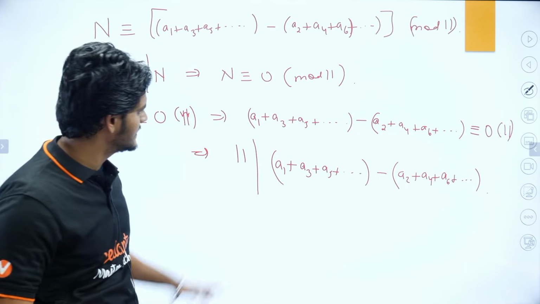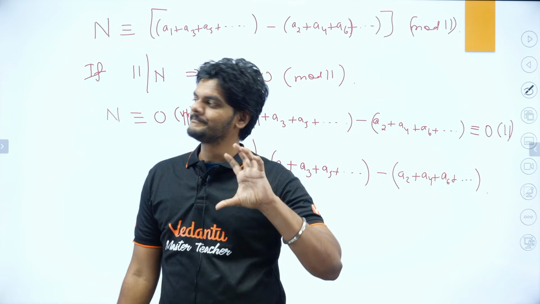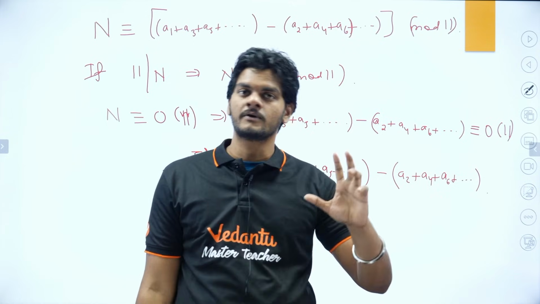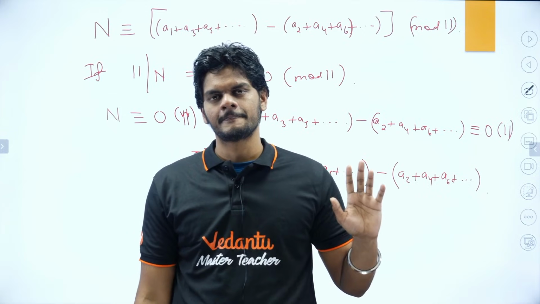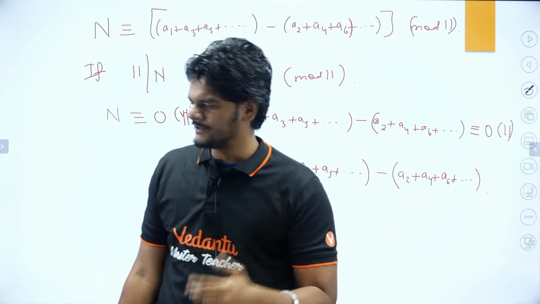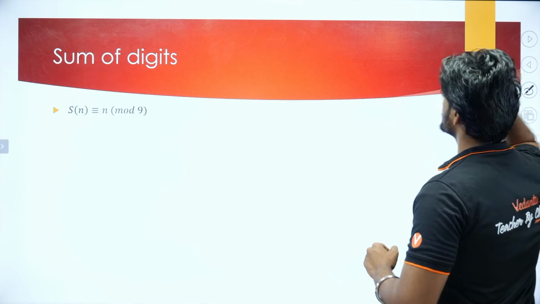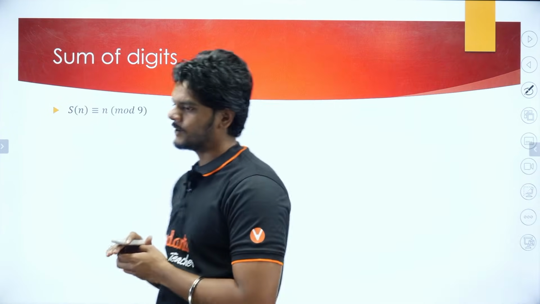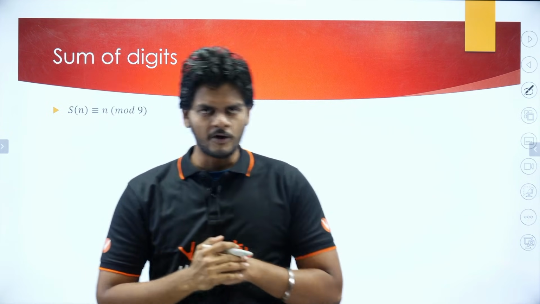So from here, we get the divisibility rule for 11. I hope that is clear. I'll give you some time, you can just pause the video and get this written in your notes. Now there is a lot of interesting things with the sum of digits.